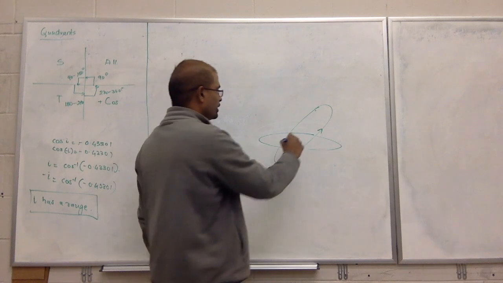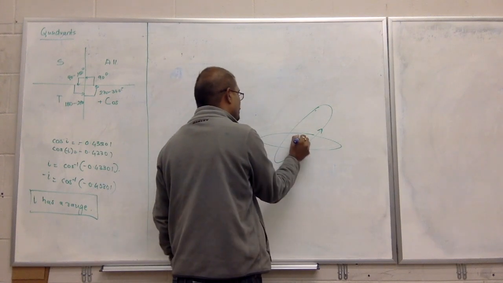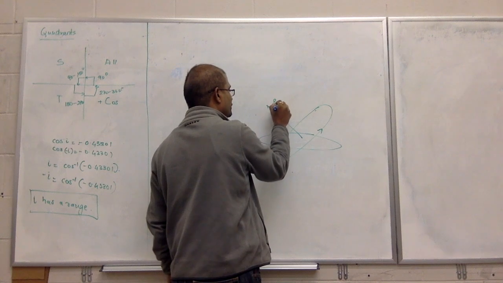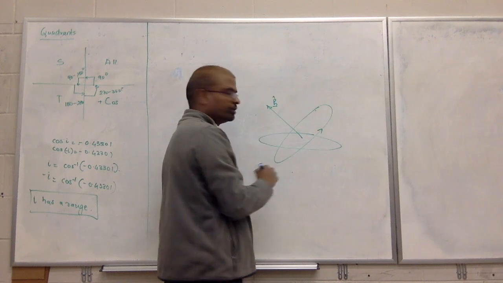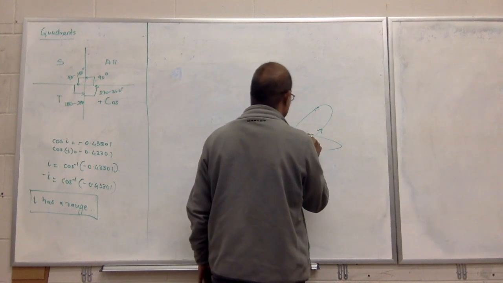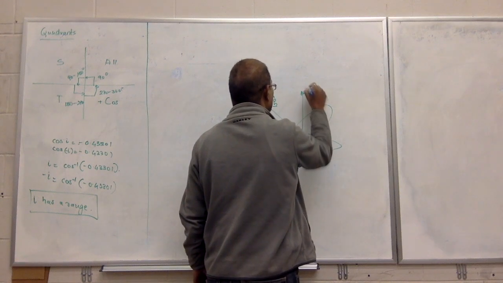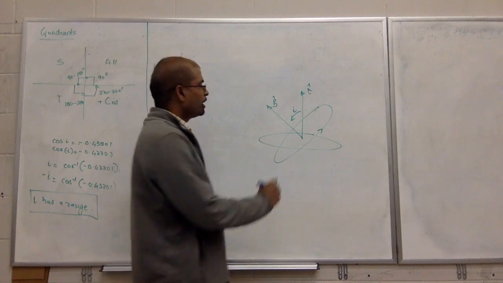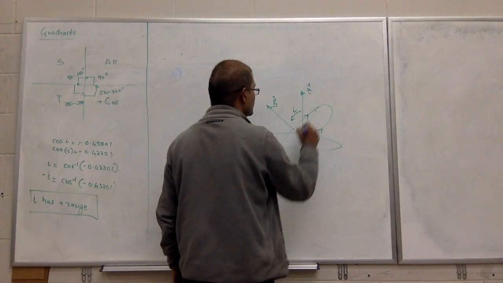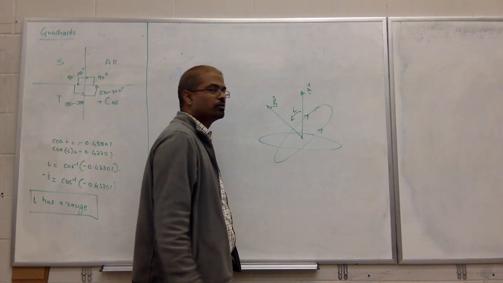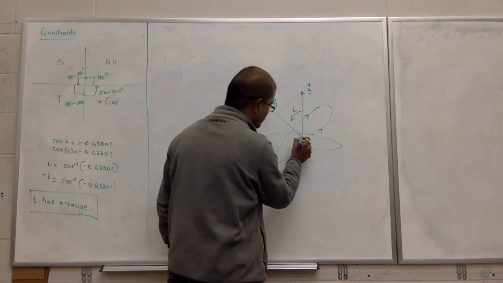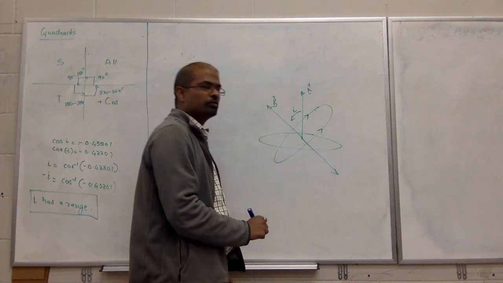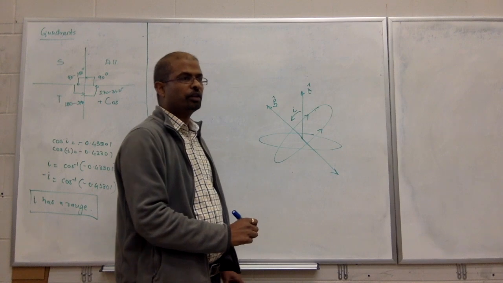It's the angle. This is coming here, right? H. And this is K. Right? This is your inclination. If I do this, where is H? You got it?